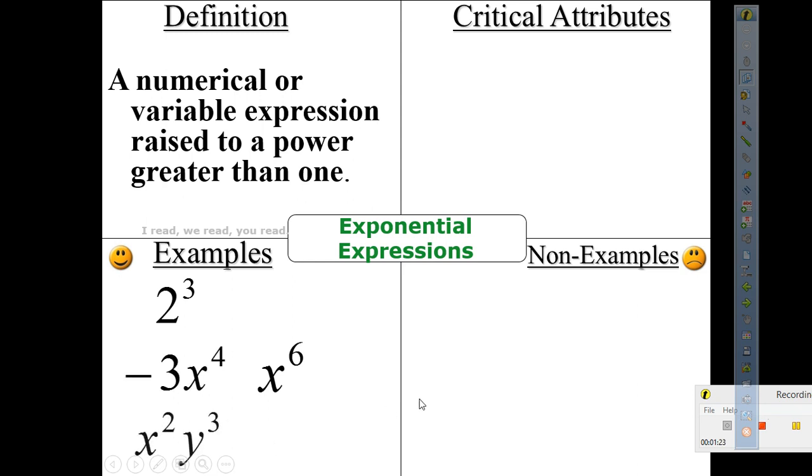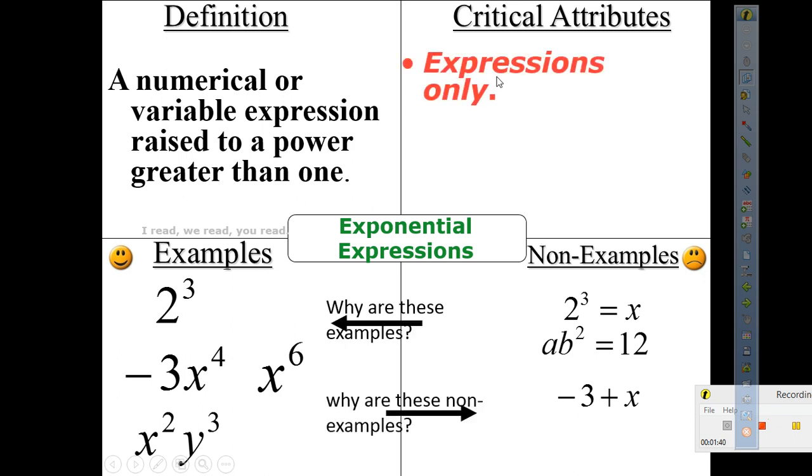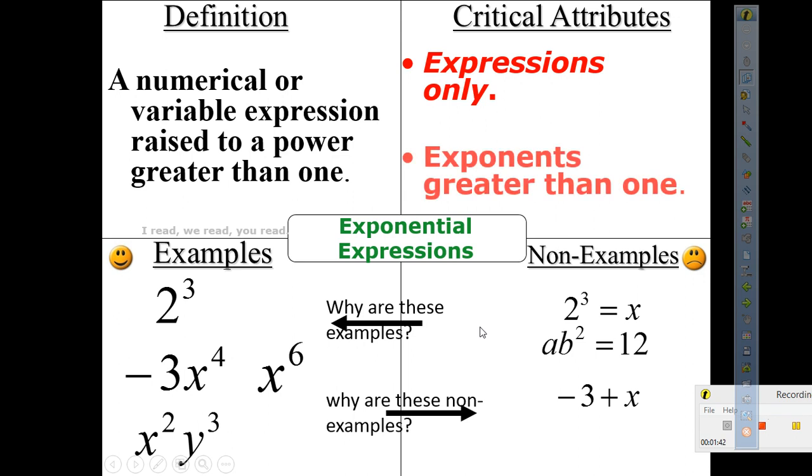Remember that? And then on non-examples, I gave you some equations, and an expression without an exponent, so that we're looking at exponents greater than 1. And critical attributes, we said that it's expressions only and exponents greater than 1.